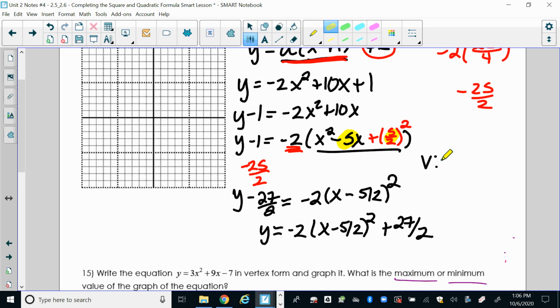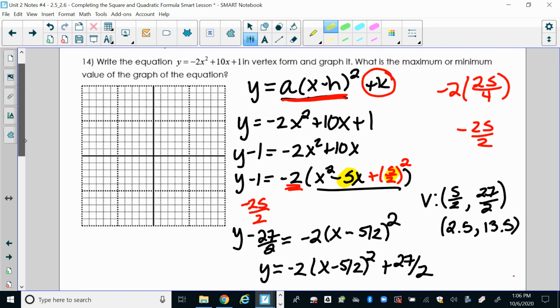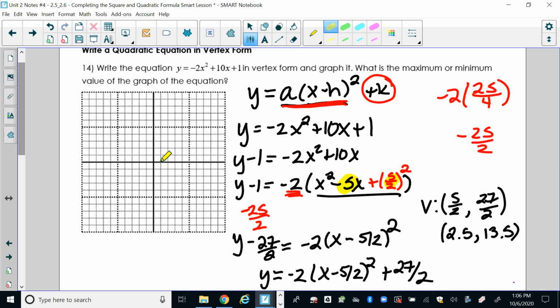So now let's graph this. Our vertex is at 5/2, 27/2, which if you're more comfortable with decimal form, 5/2 is 2.5, 27/2 is 13.5. So our vertex is going to be a little bit off graph here at 2.5, 13.5.